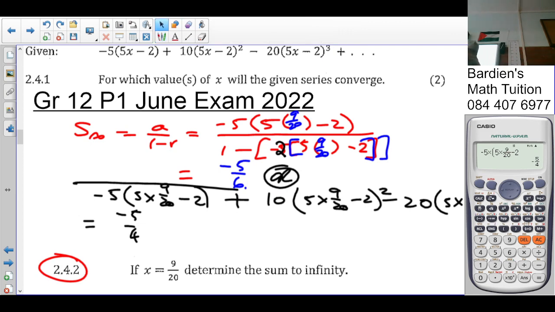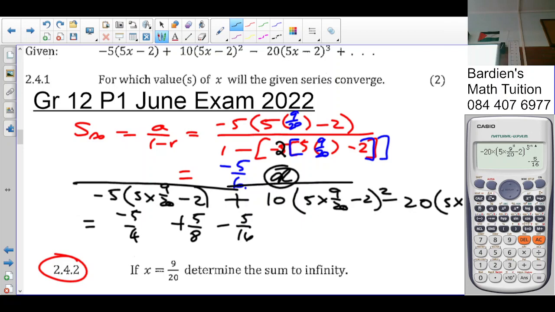The next one, squared, here we had 10, that gives 5 over 8. And then the next one cubed, of course, and you got negative 20, which gives negative 5 over 16.